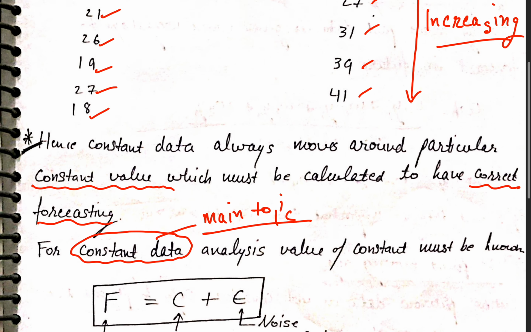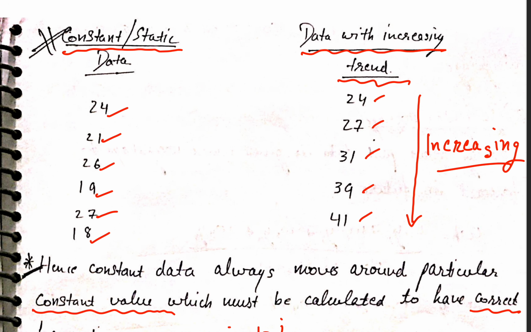Now let's say I was having this data. This is my first record, second, third, fourth, fifth, and then sixth. First of all I need to find that constant. Let's first assume the average, so that constant will be the sum of all these numbers divided by 6.